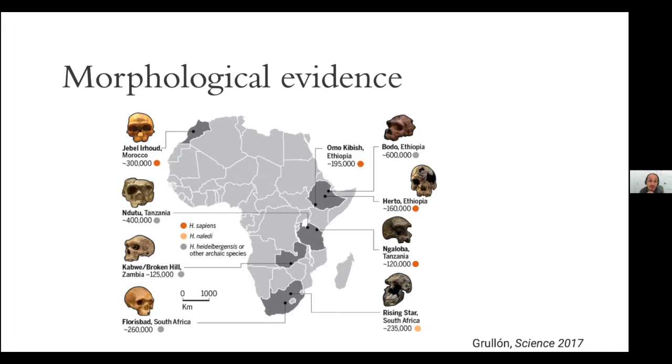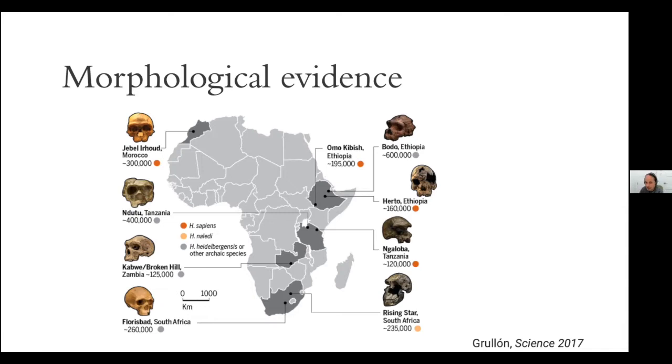If we want to have a model with just one ancestral population that is reasonably small, if we believe these results, the population would have had to be established in Morocco 300,000 years ago, and then have moved to Ethiopia, potentially 200,000 years ago, and then to Tanzania. It's getting a little bit complicated to accommodate all of that.